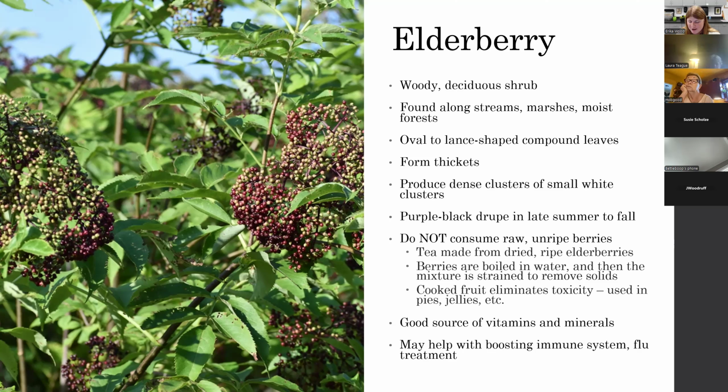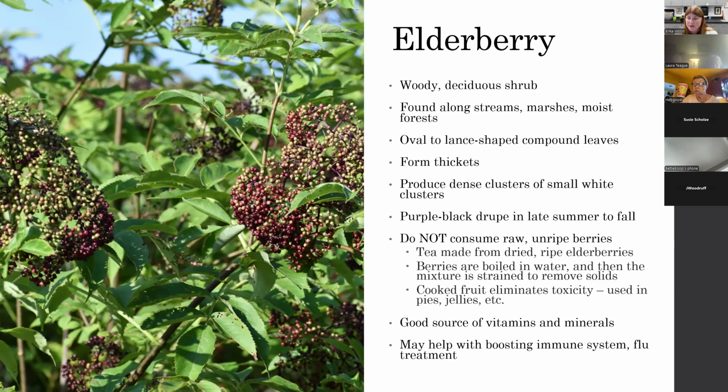And with that hydrogen cyanide, you could experience things like vomiting, diarrhea, nausea, all the unpleasant situations. So this is not like a blueberry. This is not like a raspberry where you can just eat this raw. You cannot. Do not eat the raw unripe berries. That would be very, very bad.